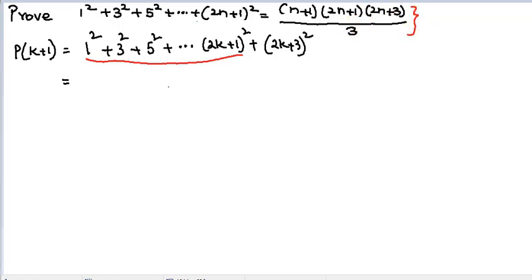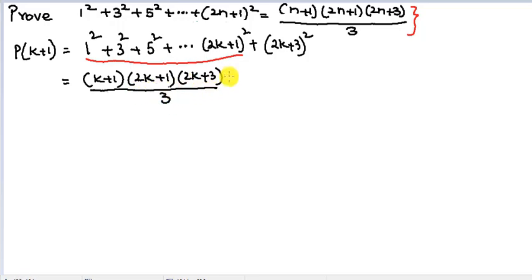Plug it in, and so we have k plus 1, 2k plus 1, 2k plus 3 by 3 plus 2k plus 3 squared.